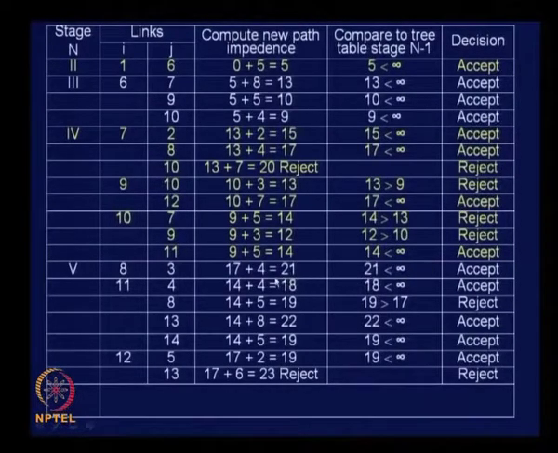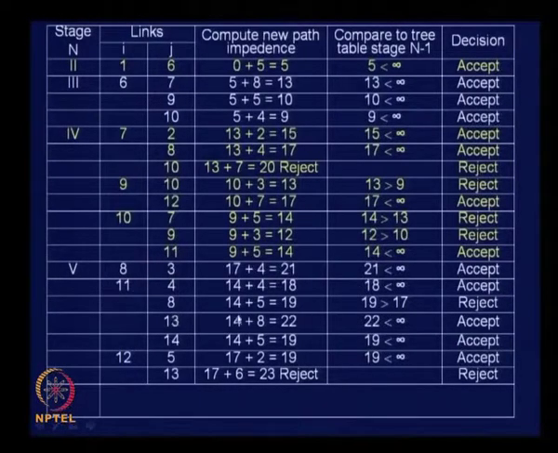Also please remember this node 3 is another zone centroid, we are reaching the end point of interest in this particular case, right. And then 11 to 4, 14 plus 4, 18, and to reach out to 4 this happens to be the least travel time as of now, 18 is less than infinity, we are accepting.